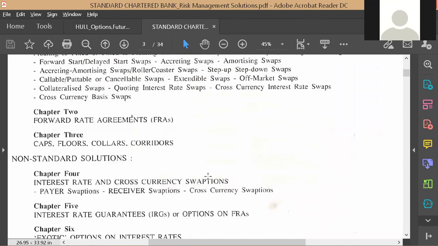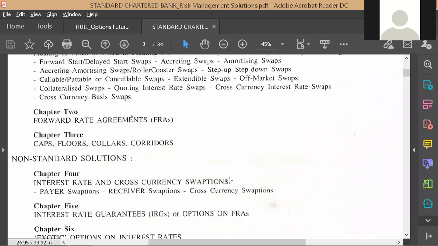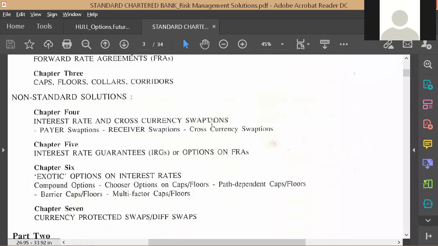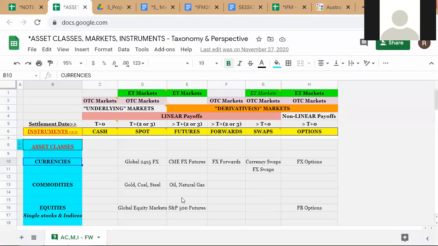When you look at interest rate risk management option structures, you will see there are swaptions. Swaptions are basically options on swaps. As I told you, options have many types of underlyings. Because they're a derivative market, they will have some underlying market instrument, which could be swaps, forwards, futures, spot, or also an option.